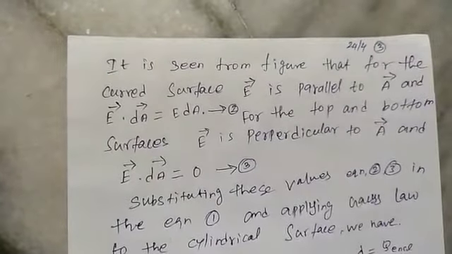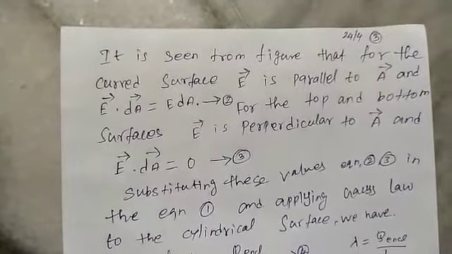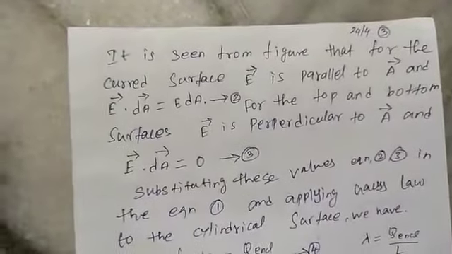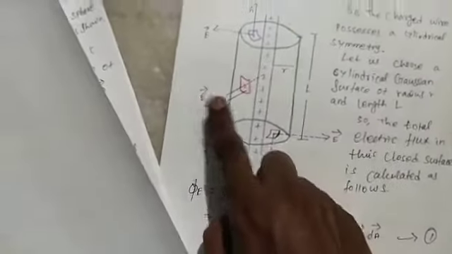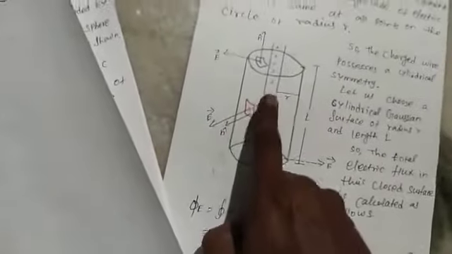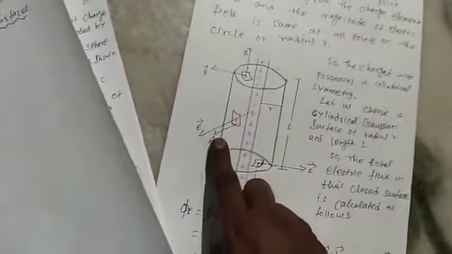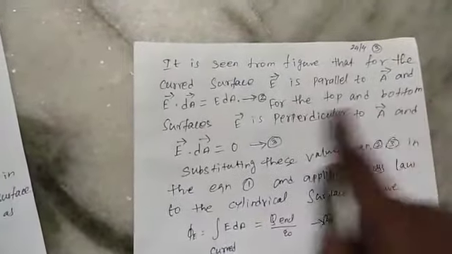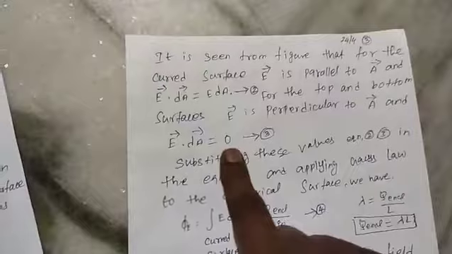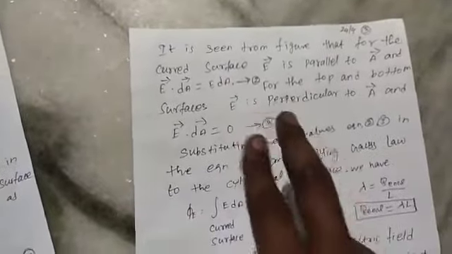It is seen from the figure that for the curved surface, E vector is parallel to the A vector, where n cap is the unit normal vector. So for the curved surface, E vector dot dA vector is equal to E dA, equation number 2.